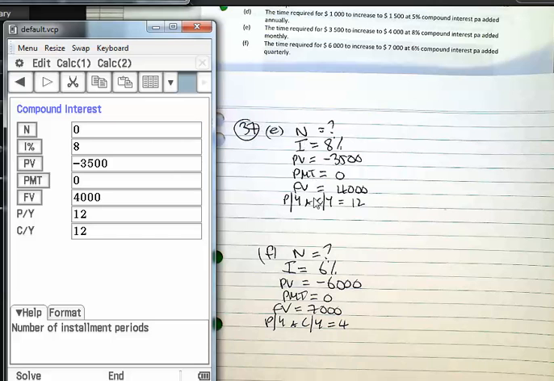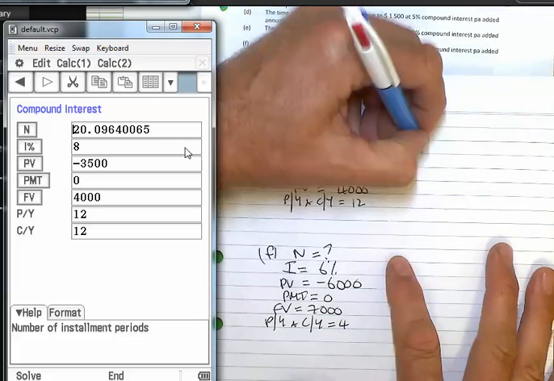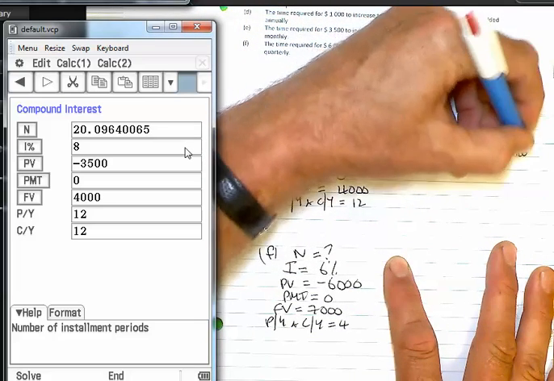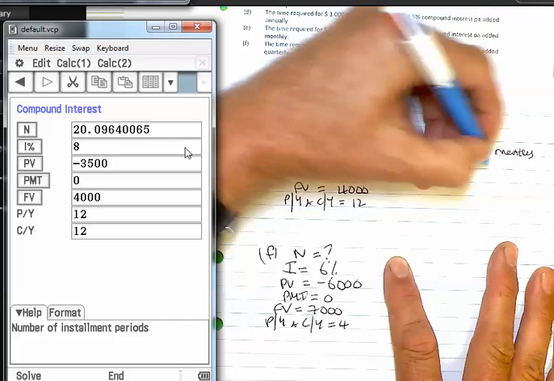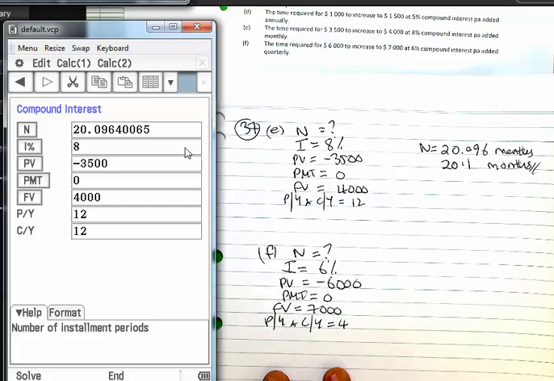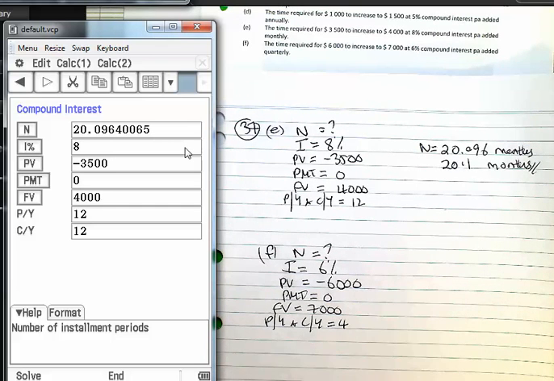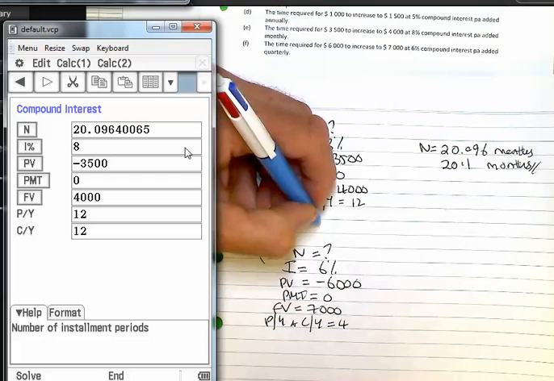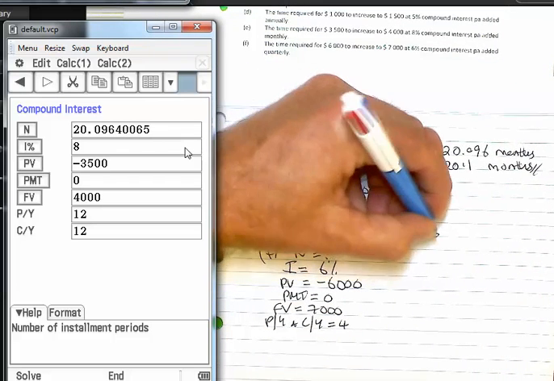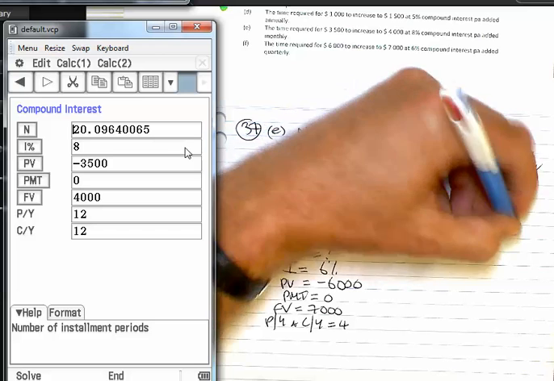I've written down these figures on my paper, and hitting the N we find 20.096 months, or 20.1 to the nearest significant figure. Now please notice that you can't get your money out after 20.0 months, so what will happen, it's actually going to take 21 months and over $4,000.